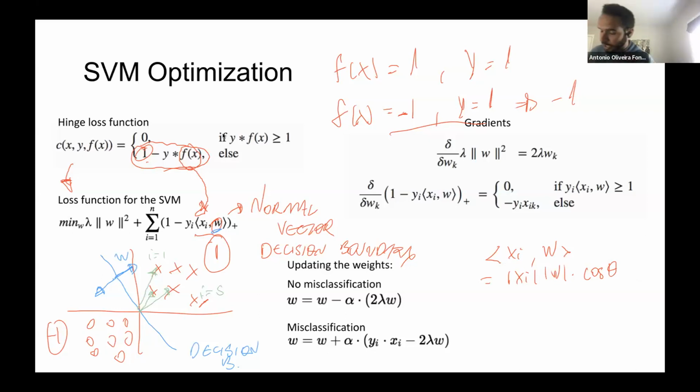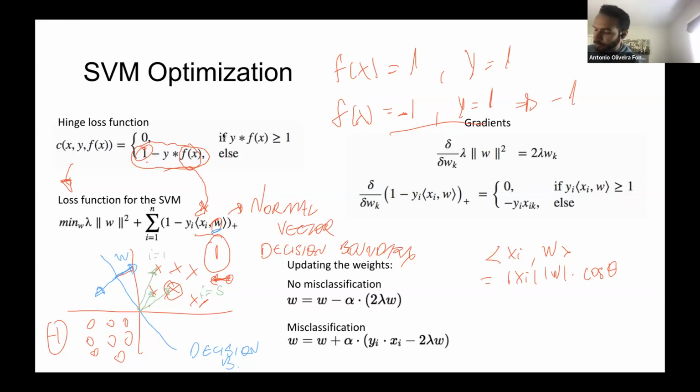If they are in the same direction, so let's talk about this case here, this guy is here. If I get the xi for this point and do the dot product with w, let's say they were exactly in the same direction, so the cosine between them is 1.